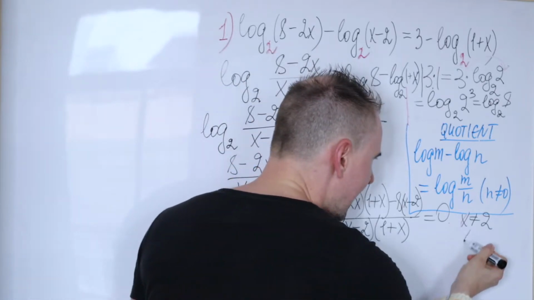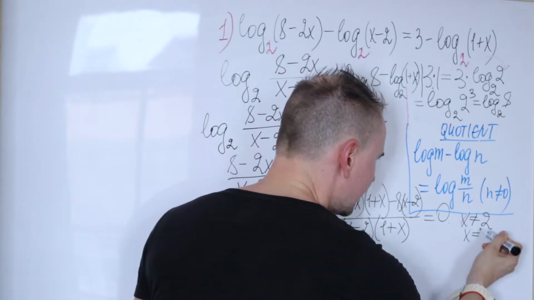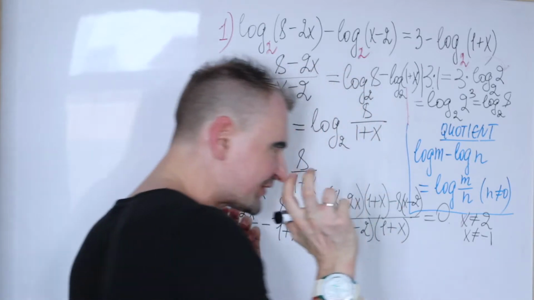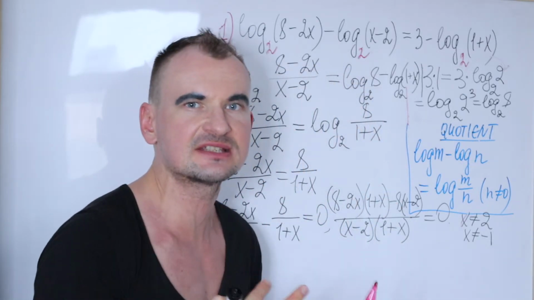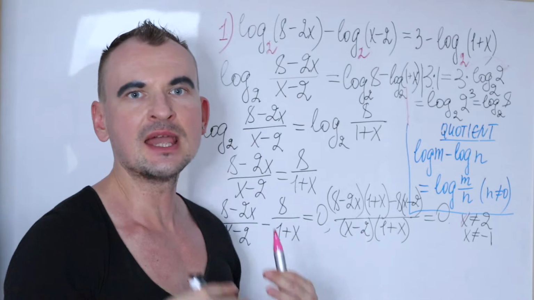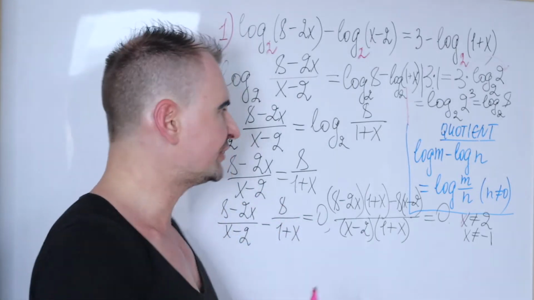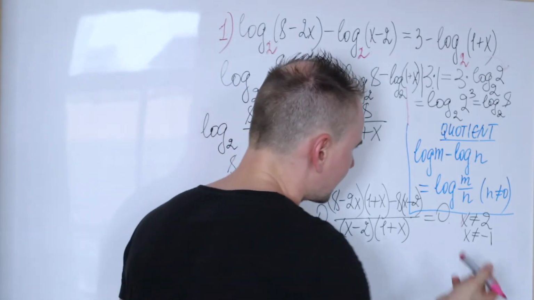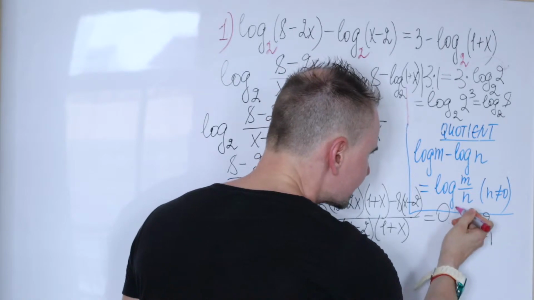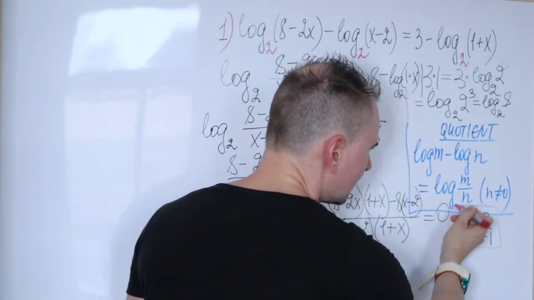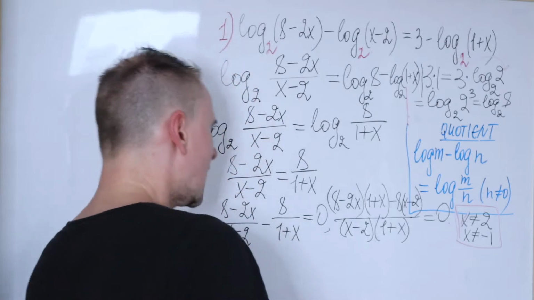And also x cannot be equal to -1. So these are my restrictions, my conditions, basically values that have to be excluded, have to be thrown out. So your x cannot be equal to these two values.